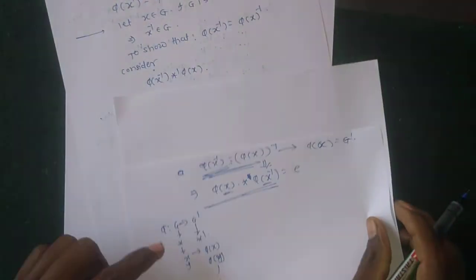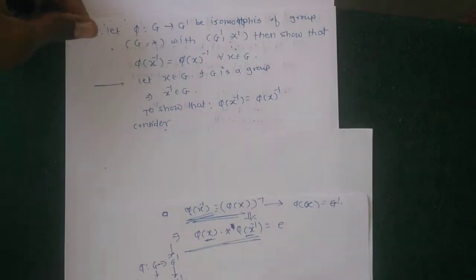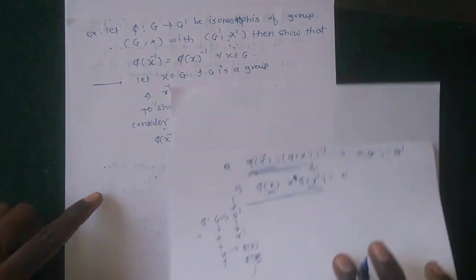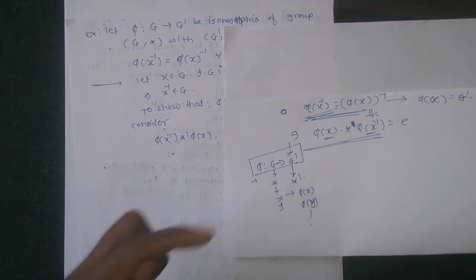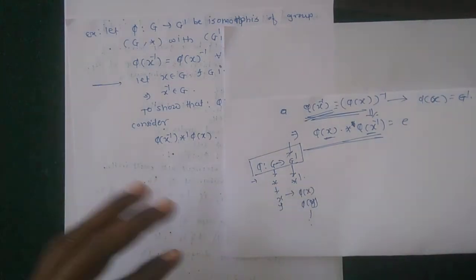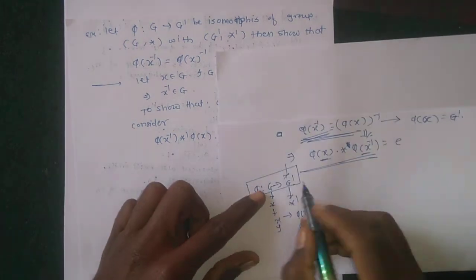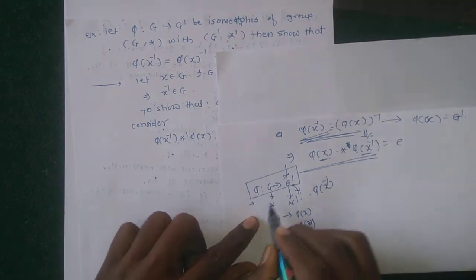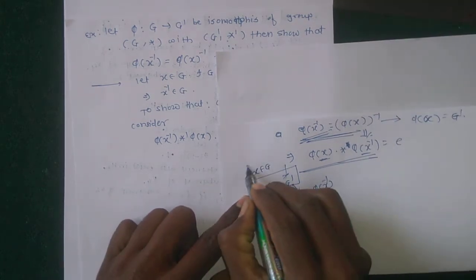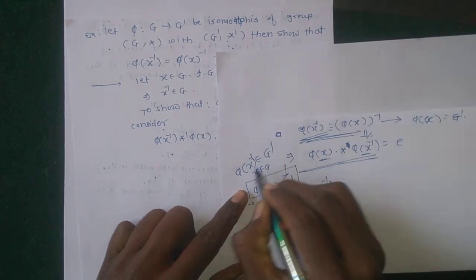Okay. Here the elements are the range set. Here, given the set and the binary operation, the function is an isomorphism, meaning G and G dash are isomorphic binary structures. Okay. To show the inverse of phi of x, these elements: suppose x belongs to G and x inverse belongs to G, which implies that phi of x inverse belongs to G dash.